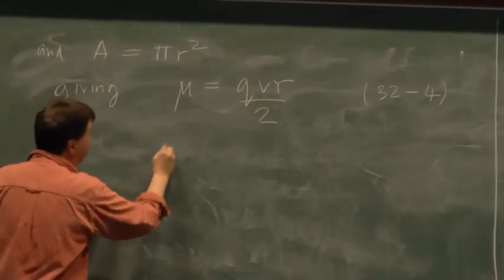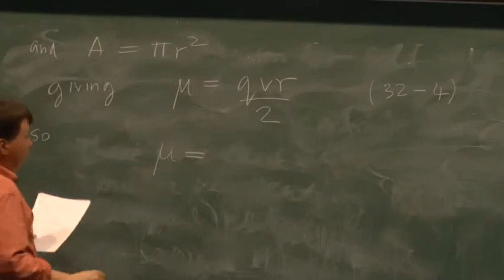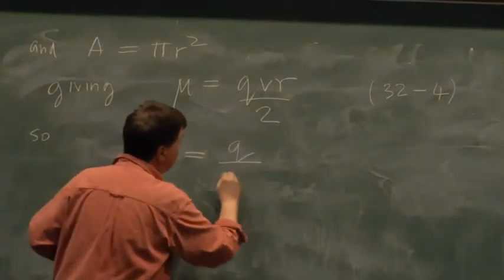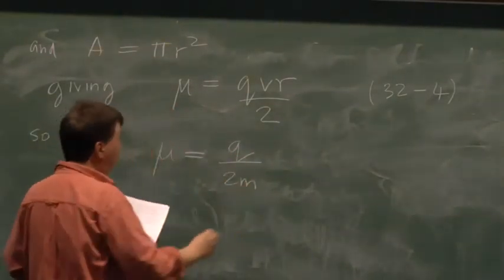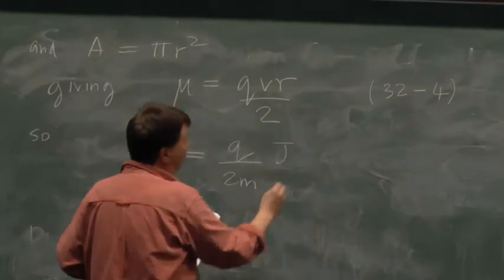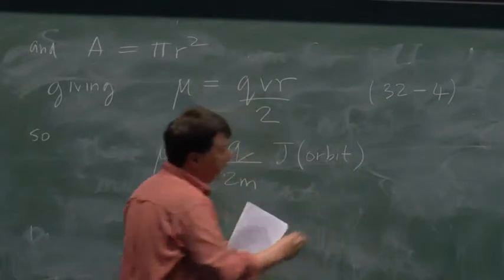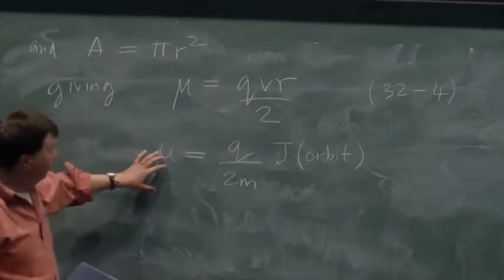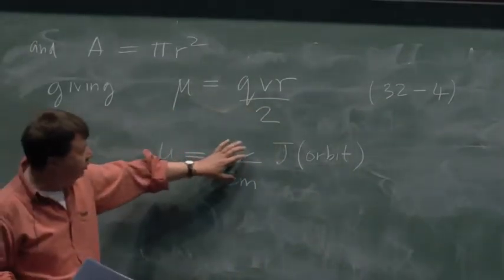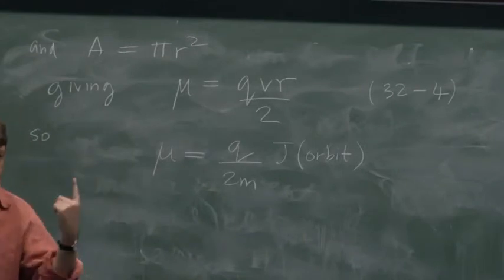So mu is very straightforward, just algebraic substitutions: Q over 2m times J. And now I'm going to very specifically write J orbit. This would be the relationship between a classical charge just going round in a circle.